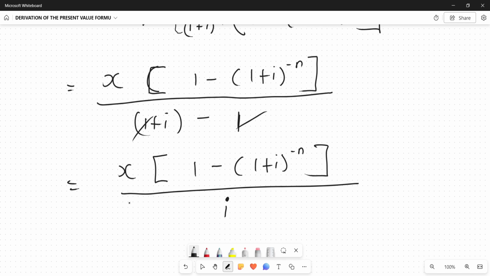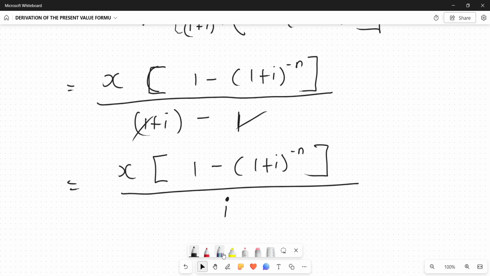Please note that in this formula, our i is the effective interest rate. So that's how we got it. That's actually the logic behind this formula for calculating the present value.